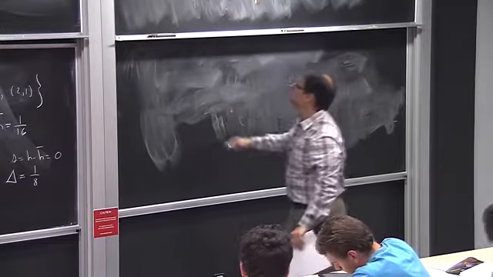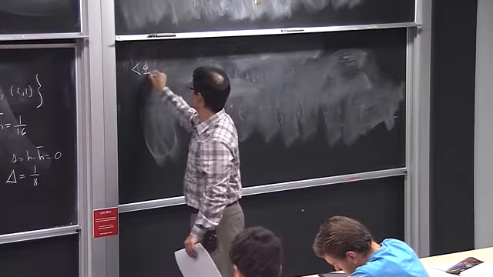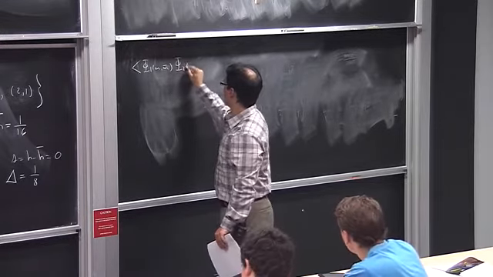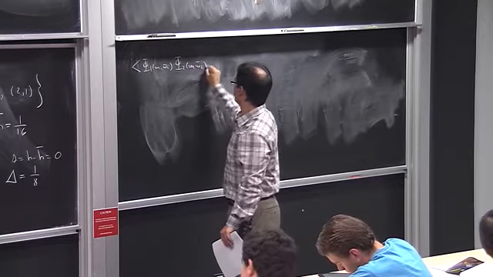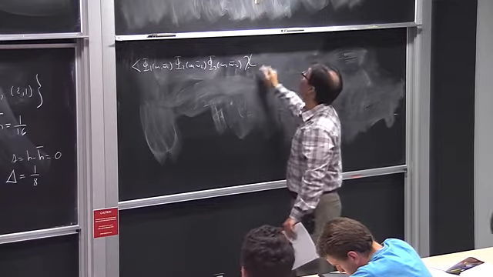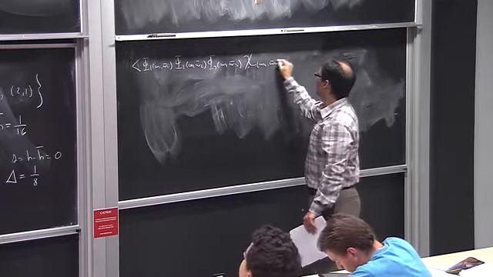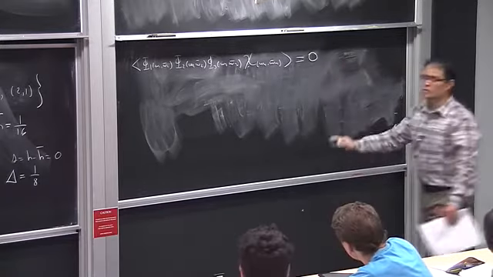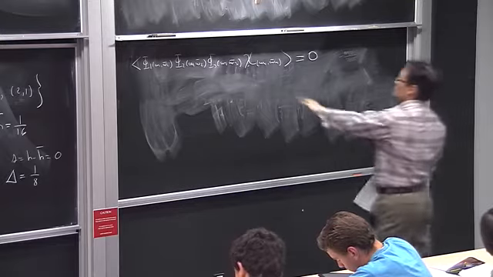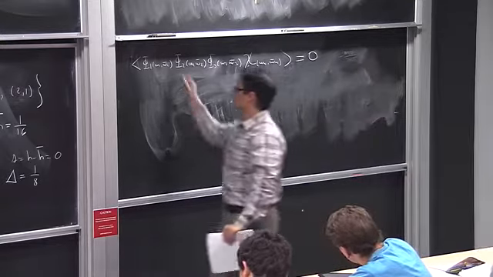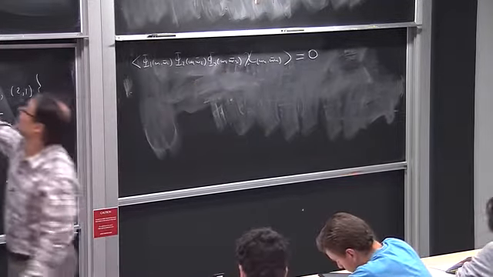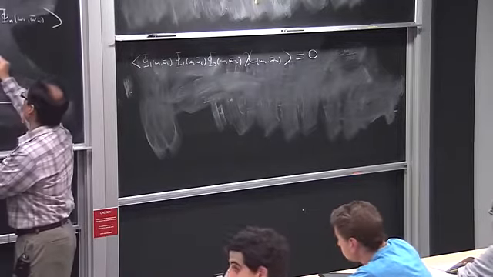So in this theory, if we compute this correlation function, this is one correlation function we know how to compute. But now we can use the definition and write the same thing as, let's write formula 3 here.